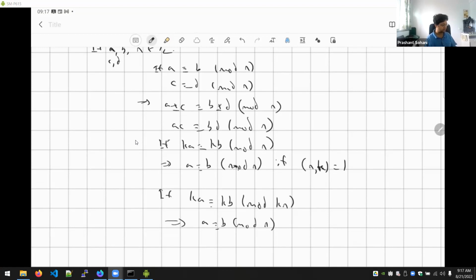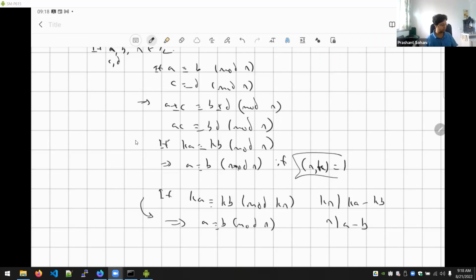This condition is always true: if there is a copy of K occurring in the modulus as well as the terms, you can just cancel it, right? Because obviously if KN divides KA minus KB, then N will also divide A minus B. So you can cancel the copy of K from all three terms simultaneously.